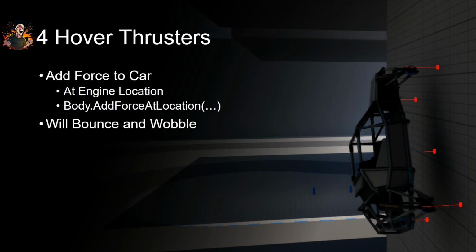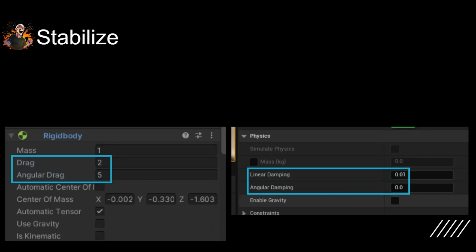It can be just outside it. Now, when you first run this, it's going to wobble and bounce. So we need to stabilize it, and that's really easy by putting in drag, angular drag or drag, and then linear damping or angular damping. And that's basically so it doesn't rotate much, it stabilizes as it rotates, or as it's moving and you take off the gas pedal, then it starts to come to a stop.